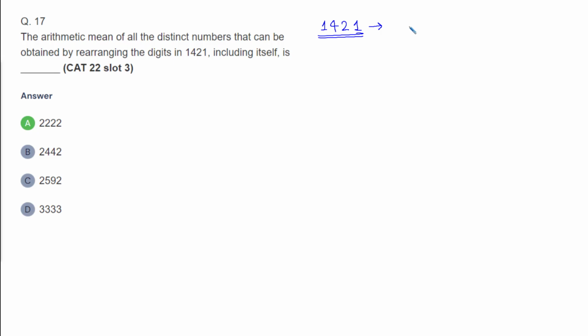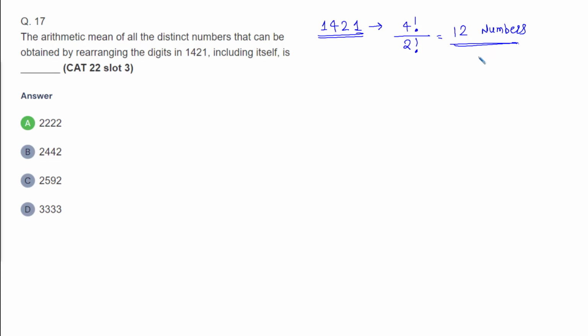Total 4 digits we can arrange in 4 factorial ways, but 2 digits are identical, 1 and 1, so we need to divide by 2 factorial. So 4 factorial divided by 2 factorial, 24 divided by 2, 12 4-digit numbers are possible.